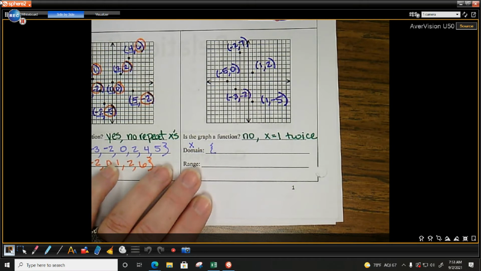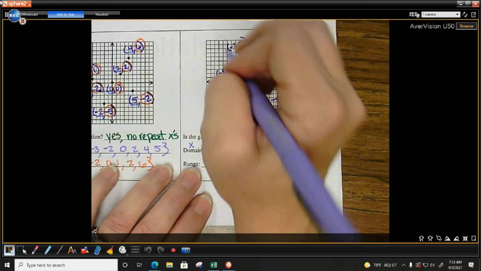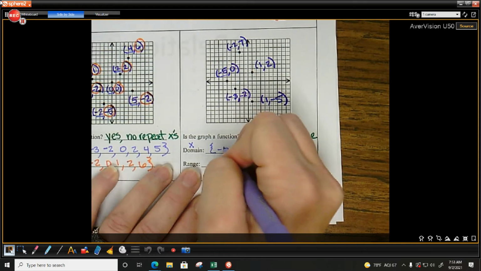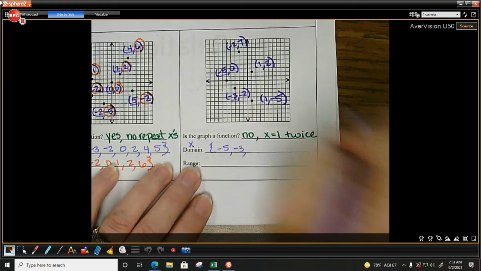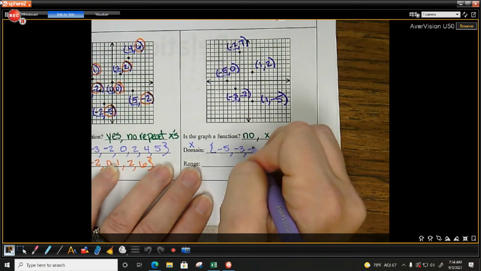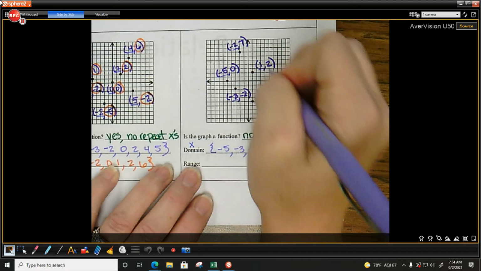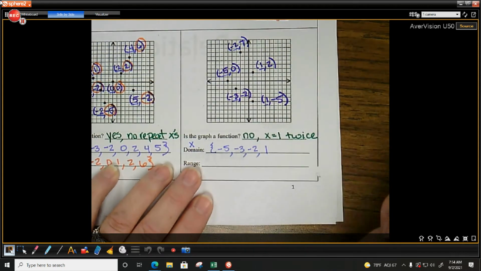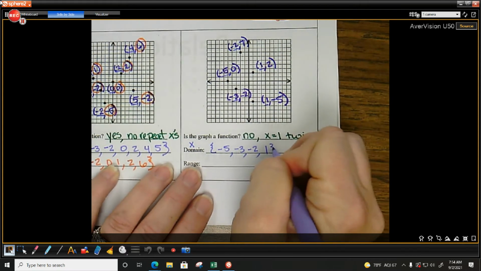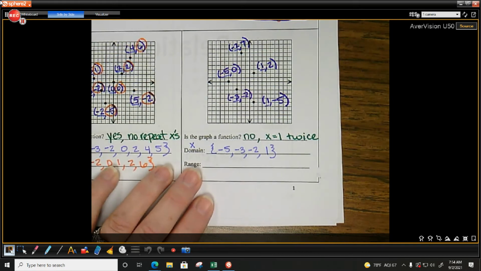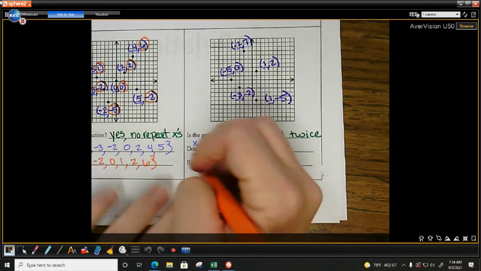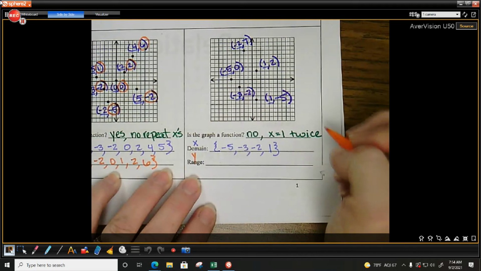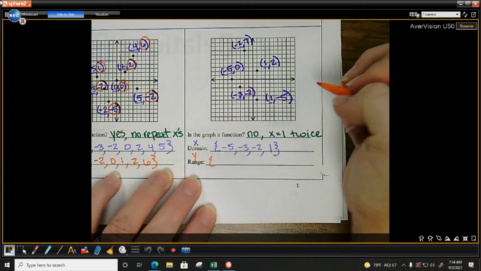What's my smallest x value? -5, then -3, then -2, then 1. We have 1 twice. Do I write 1 twice? No, you don't repeat. Just once. Okay? Range is what variable? Y. So do your set symbol, curly bracket.